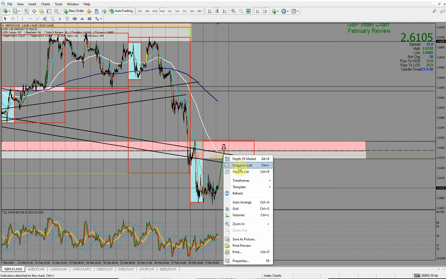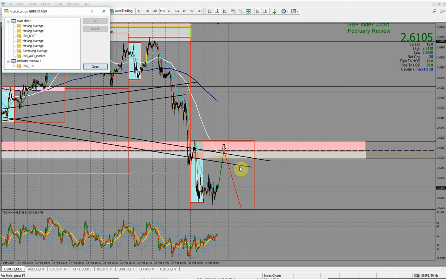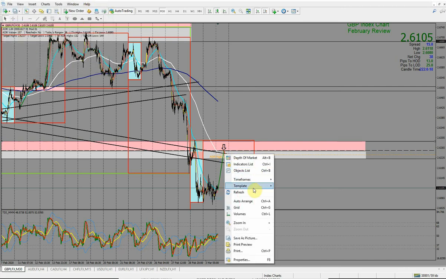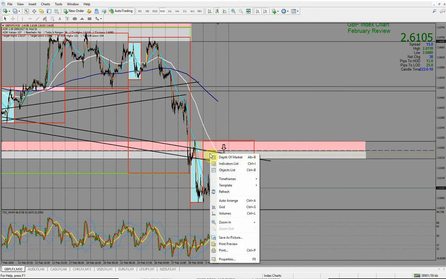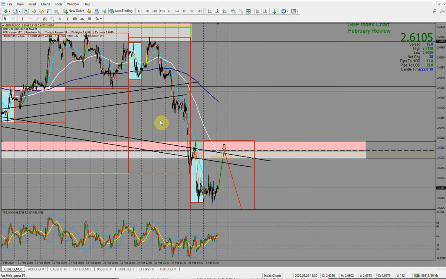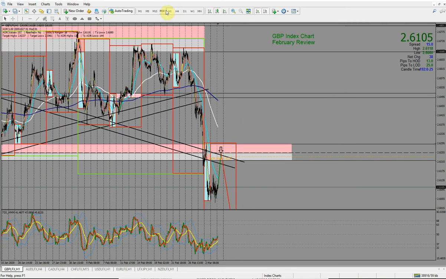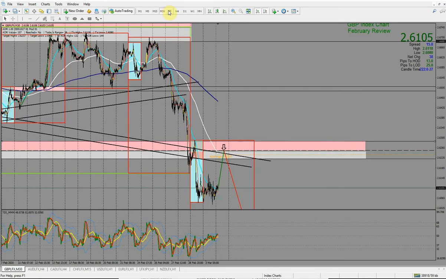I wanted to put in a notification, so that if price comes to that area and I'm not aware of it, it can give me an alert. I think I should just leave it. So GBP index, we have it, it's all good.